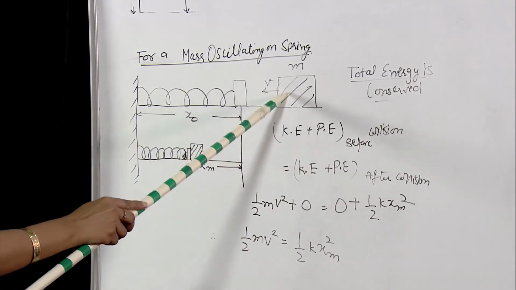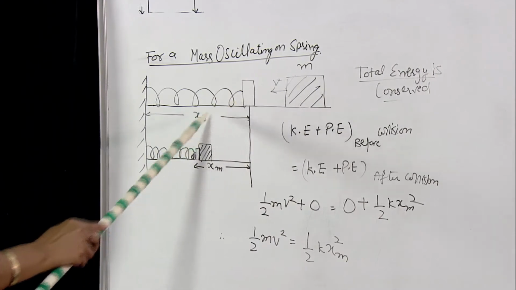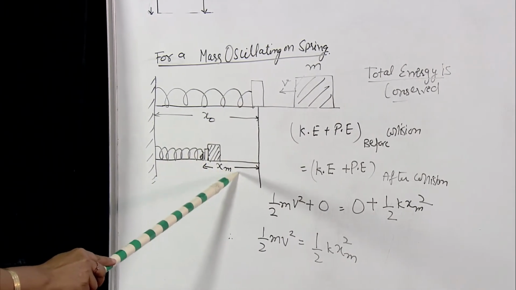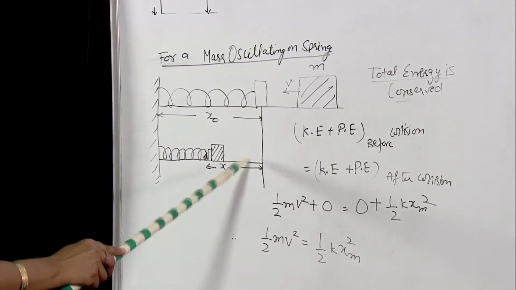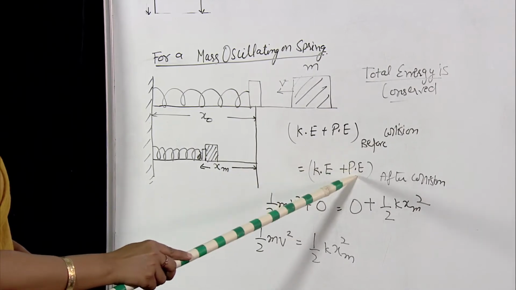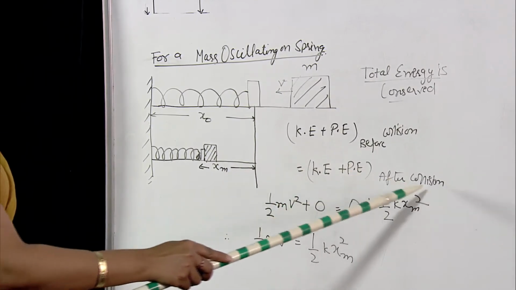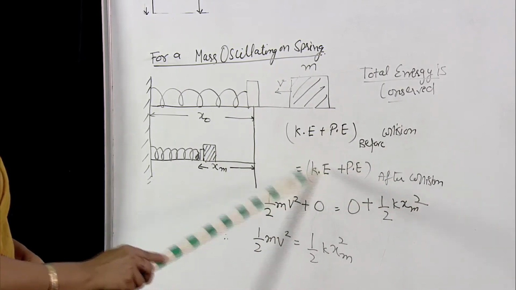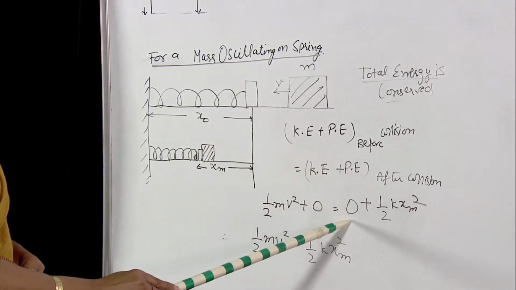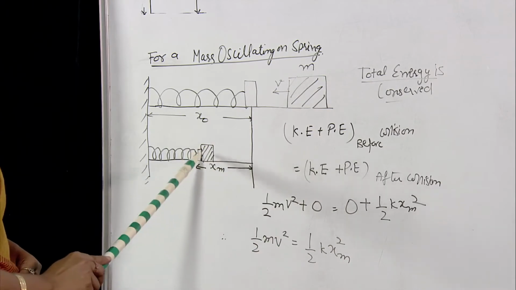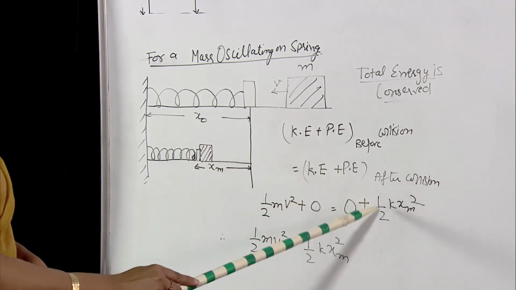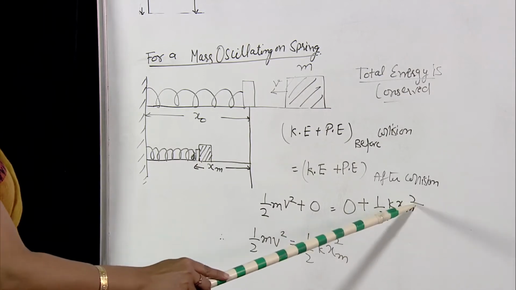But when this mass strikes this spring, it compresses it to the maximum limit, that is xm. In this case, again we have a total energy as a sum of kinetic energy plus potential energy after the collision. Here this mass has come to rest, therefore we have kinetic energy equal to 0 and potential energy, which is maximum for a spring, given by half kxm square.